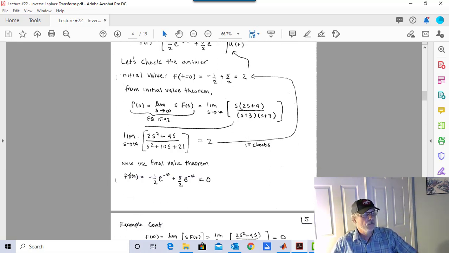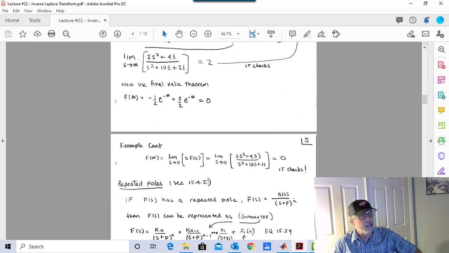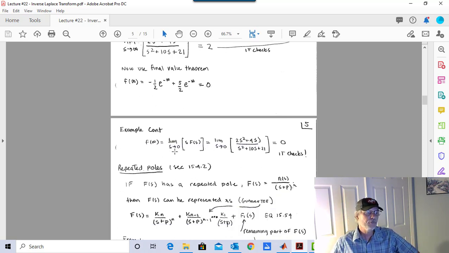Now let's use the final value theorem. At infinity, the function that we got will give us 1/2 times e to the minus infinity, that's 0, plus 5/2 e to the minus infinity, that's 0. So now let's use the final value theorem. f of infinity is equal to the limit as s goes to 0 of s times F of s. Remember, with the initial and final value theorems, s F of s stays the same. It's just what s goes to. That's the difference between the initial and final value.